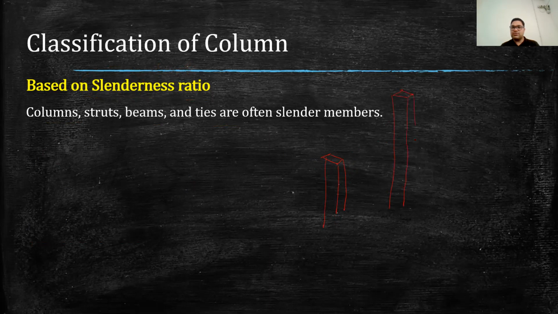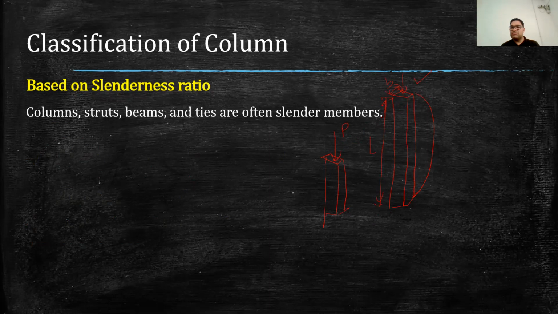When we apply a load P at this column, and similarly apply the same load P at this column, the chances of bending will be high in this column. Why? Because of the high ratio of the length to its lateral dimension. So if this is the length and this is the lateral dimension, the ratio will be higher in this case.